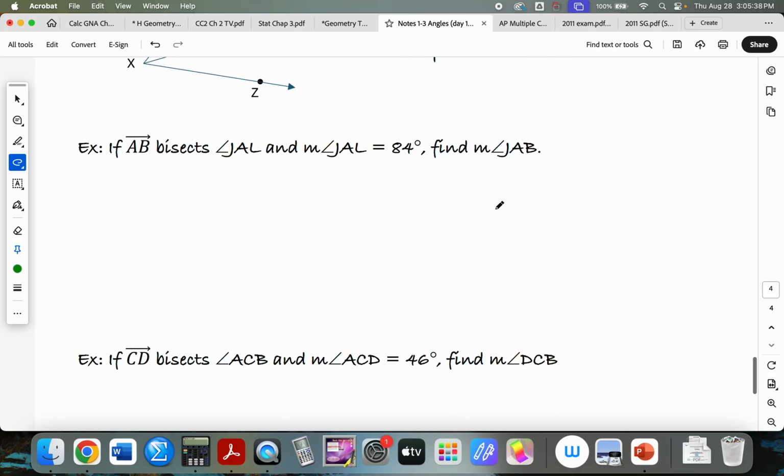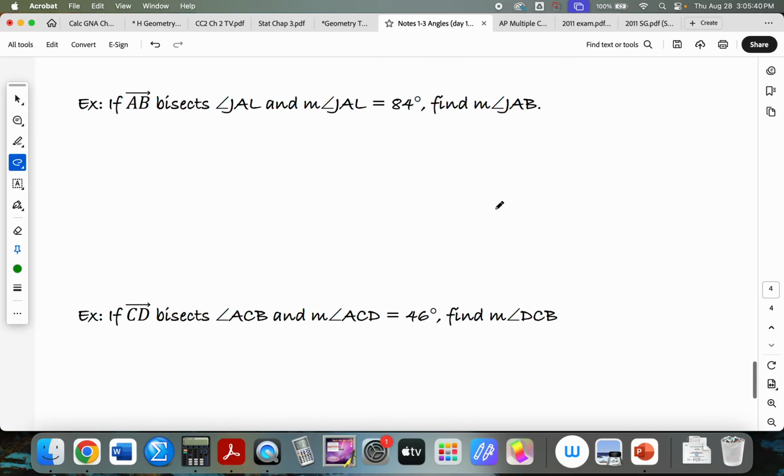All right, let's do some problems with that. Here, if ray AB bisects angle JAL, I'm going to draw a picture that shows that. I don't know exactly how big the angles are, and it doesn't really matter if you draw it exactly to scale. So my angle was JAL.